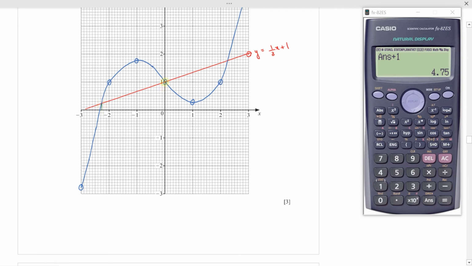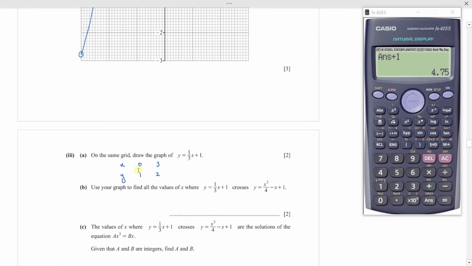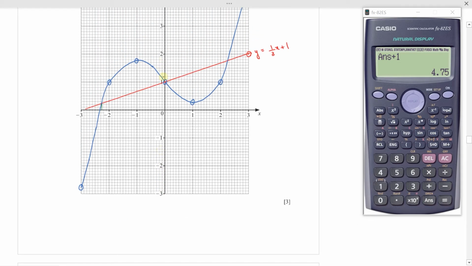The second point is 0, 1, because we know that this point is on the equation of the curve as well as on the equation of the line. So this would be my second point, and the third point where the line and the curve intersect is this point here.